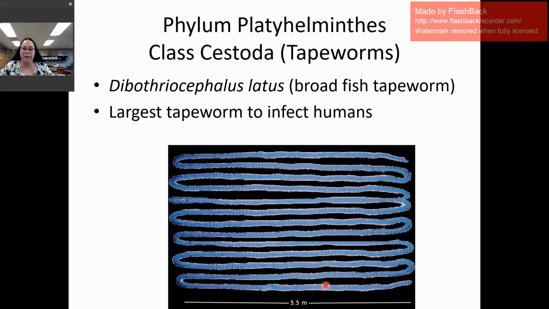This is a scale of 5.5 meters, which means it's about double my size, so it's an extremely long worm. So if you get affected by that, you can imagine that it's going to probably anchor itself at the beginning of your intestine and then run all the way up to the end of your intestine. They can get to be gigantic worms.